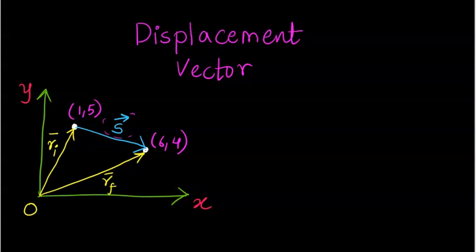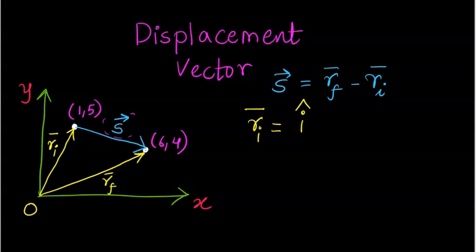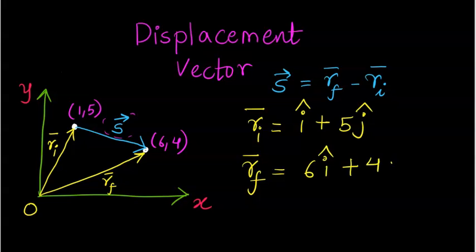Now the displacement vector can be found out using this formula. S bar is equal to Rf bar minus Ri bar. So how will you do that? We can find out what is Ri bar and Rf bar. Ri bar is, sorry, this is 1 and 5. So in x direction 1 magnitude is there and in y direction 5 magnitude is there. So this is I cap plus 5 j cap, and Rf bar will be 6 I cap plus 4 j cap.